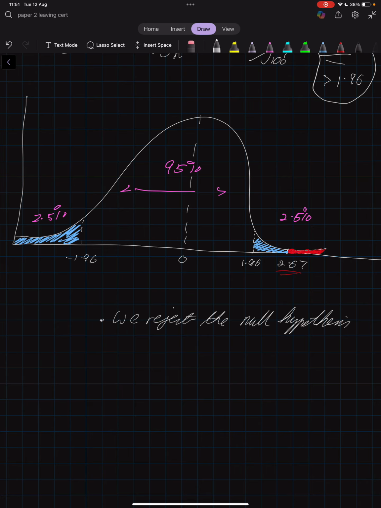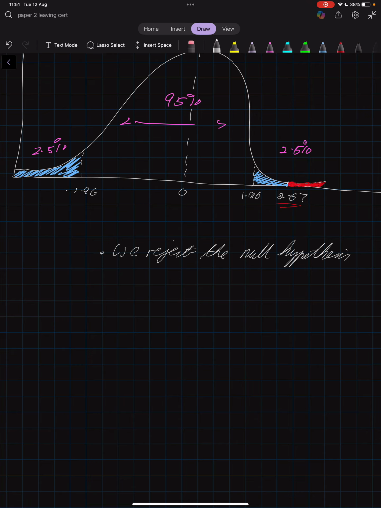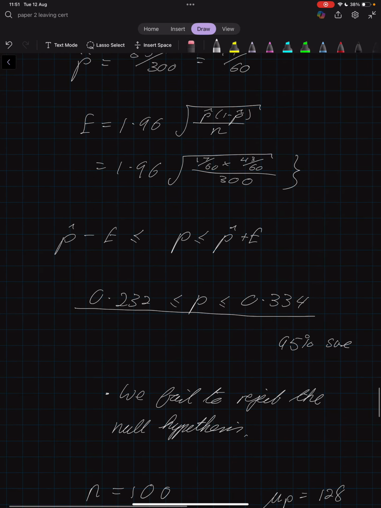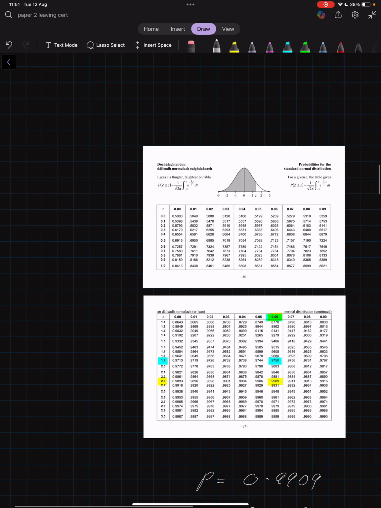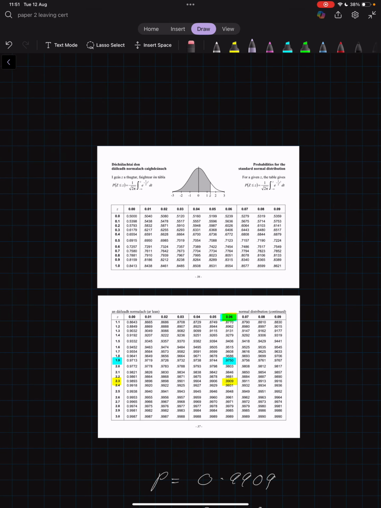Okay, so what you do is you say, well, what's my z-score? That's 2.67. Basically, if I plug 2.67 in, if we go back up here, 2.6 is here, 7 is here, so it's this one, 0.9962.